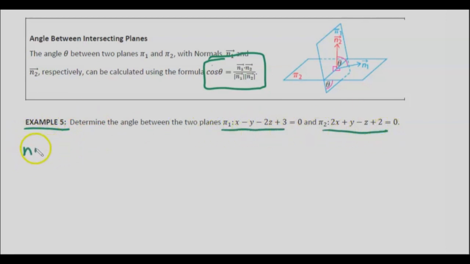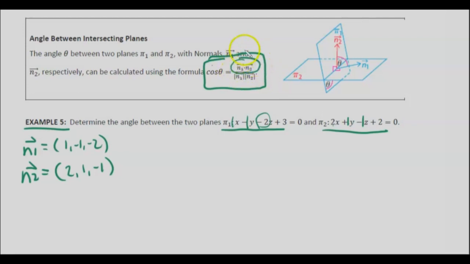So first we're going to identify n1 and n2. Okay, n1 is 1, -1, -2. And n2 is 2, 1, -1.